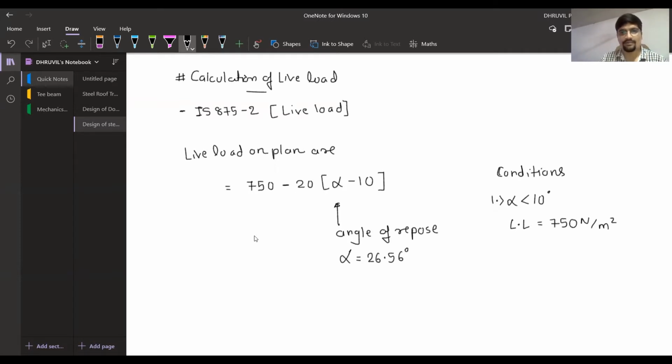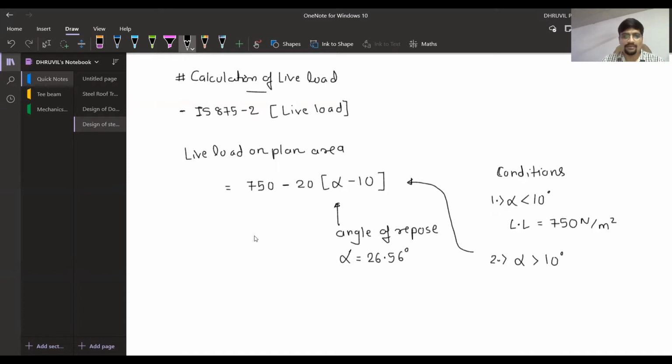The live load on plan area can be considered as 750 Newton per meter square. If the angle is greater than 10 degrees, then we need to consider this equation for calculation of live load.